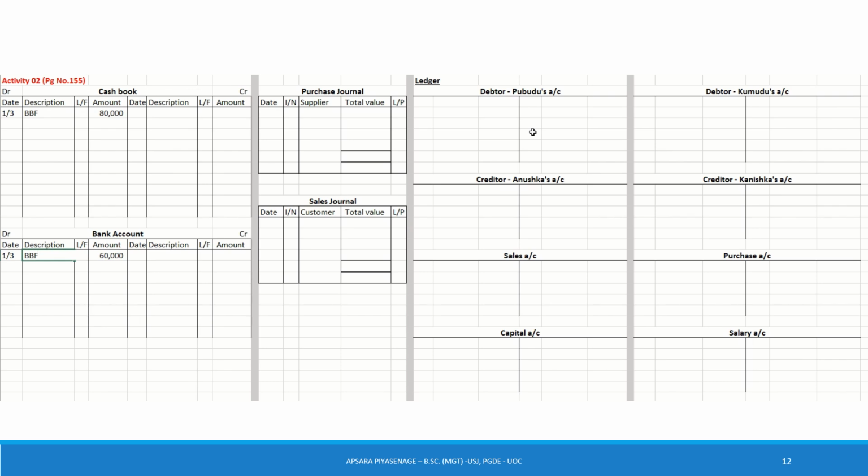In O-level exam, these T accounts are not accepted. So debtor Pubudu has 50,000, 1st of March, 50,000. Then debtor Kumudu has 40,000.